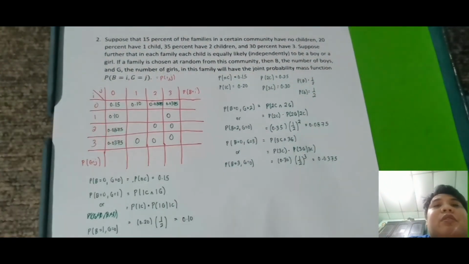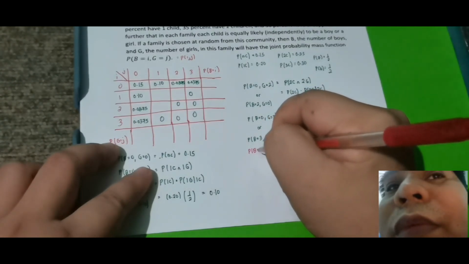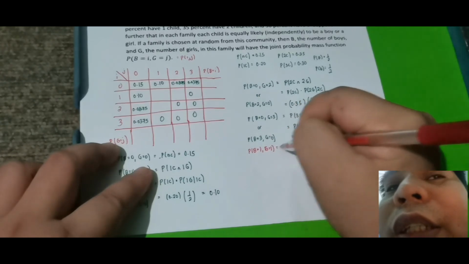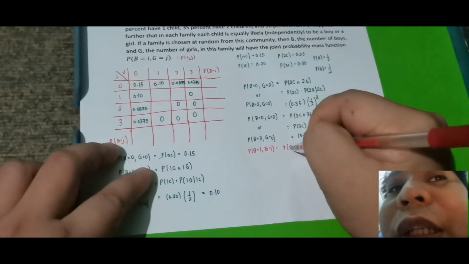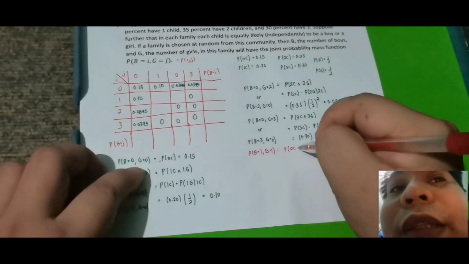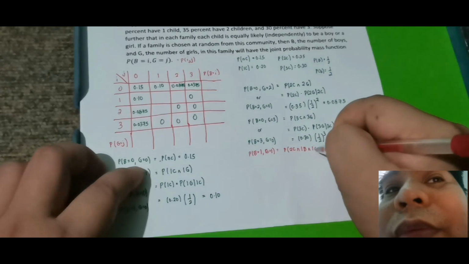Okay, so this one is a bit easier, no? The difficult one here is of course the probability that there is 1, 1. So that one is a bit different. So the probability that there is 1 boy and 1 girl. Okay, this is simply equal to the probability that there are 2 children, and that is 1 boy and 1 girl.